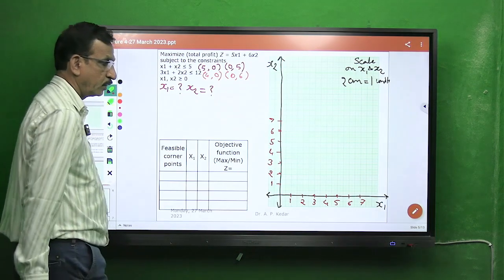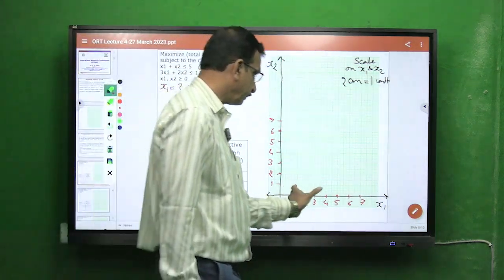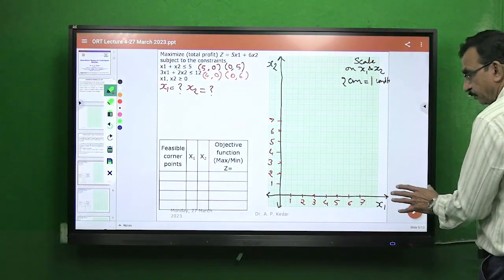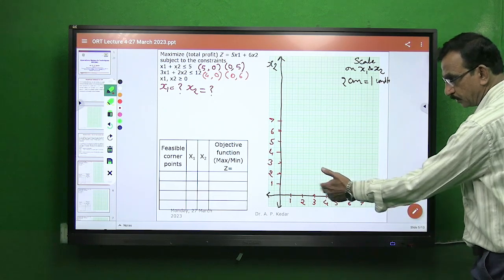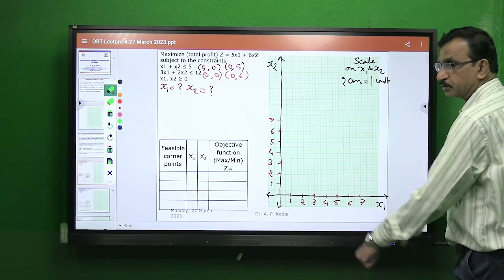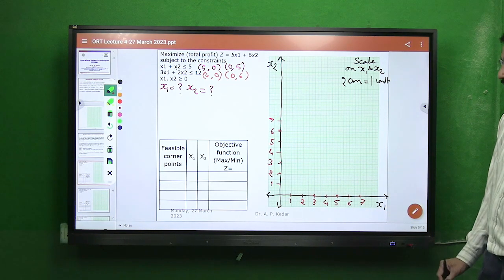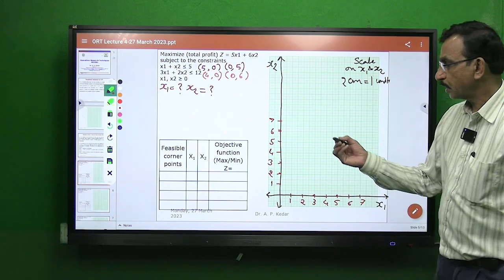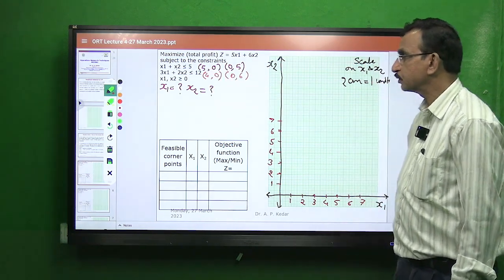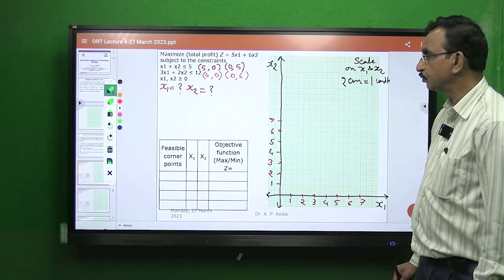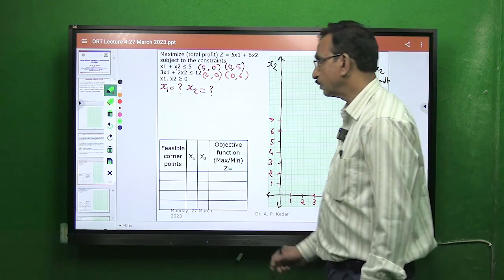That's all. Well, if you are having a bigger graph, you can also enlarge this, that 3 centimeter is equal to 1 unit. Choice is yours.